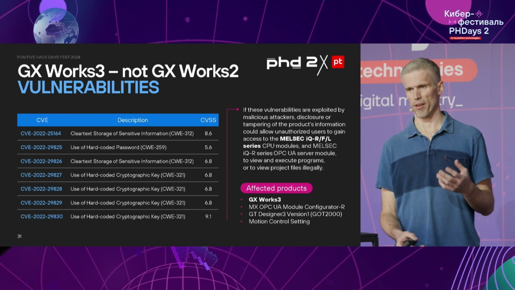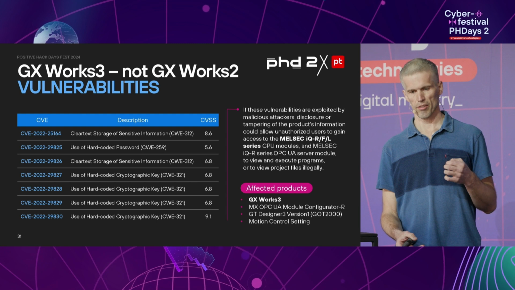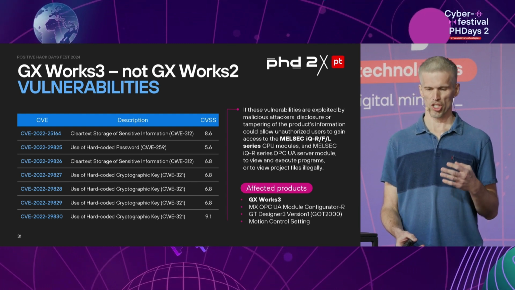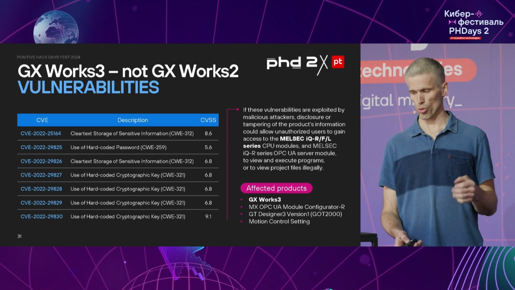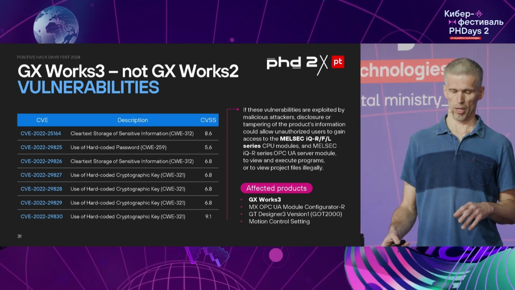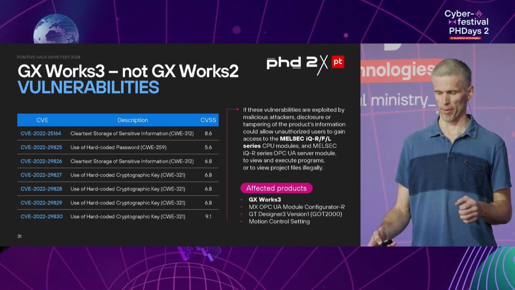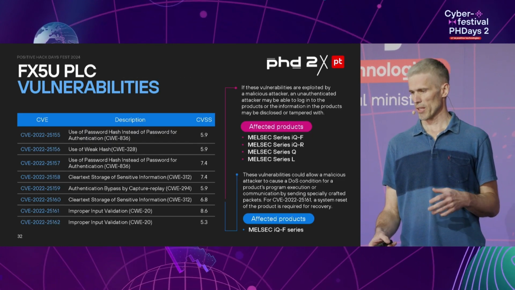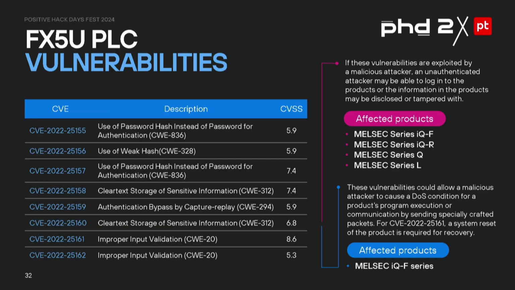The main idea is that they will not fit. My idea was that they would not fit because the old PLC interacted with GXWorks 3, while the newer ones worked with version 2. Over here you can see the FX5U PLC vulnerabilities.